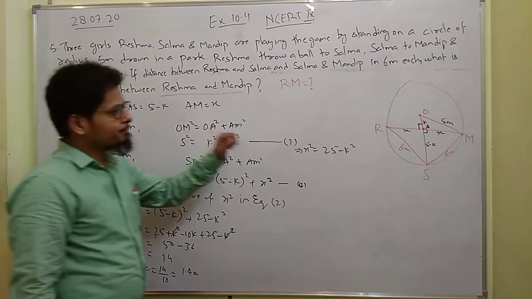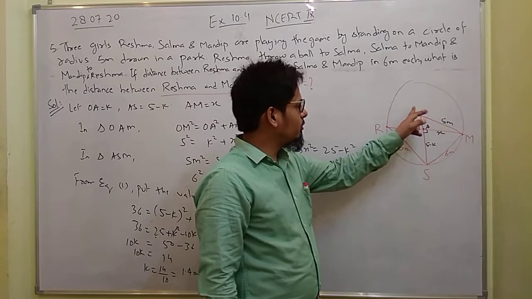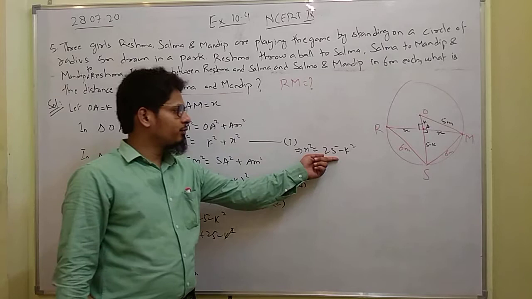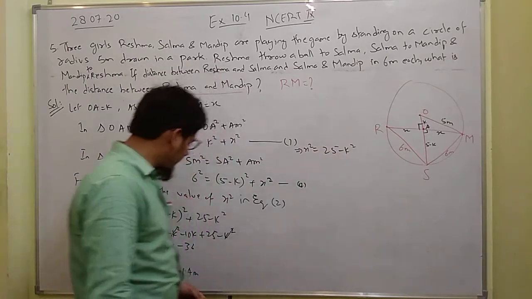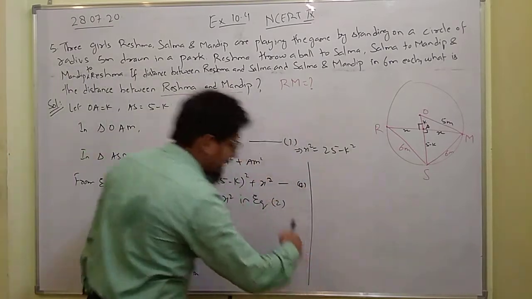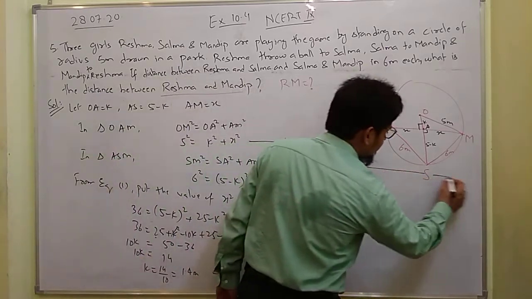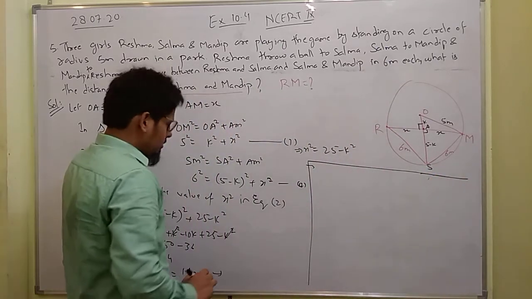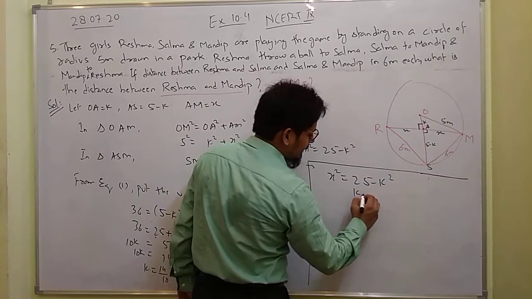Right, class. Now you see the triangle OAM. Or a simpler way is that we have this equation X square is equal to 25 minus K square. Now we have the value of K is 1.4. So on the next page, starting from here, we have the equation X square is equal to 25 minus K square, and the value of K is 1.4.